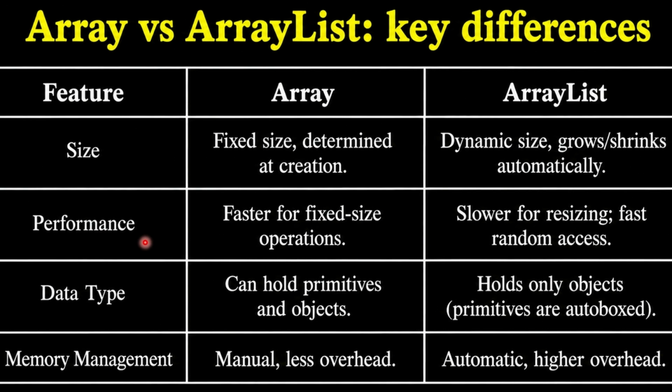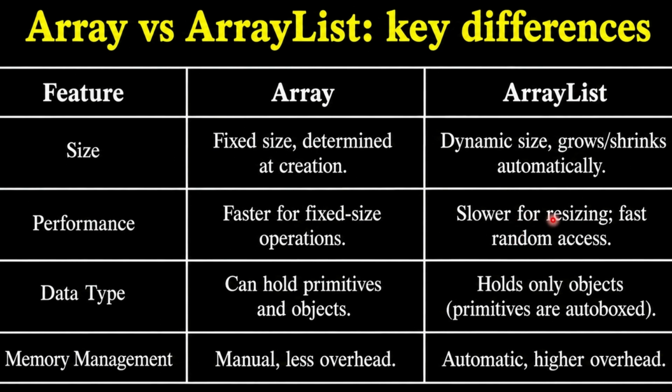When it comes to performance, arrays are faster for fixed size operations because the array size is fixed. That's why it is faster for fixed size operations. ArrayList is slower for resizing but fast for random access.